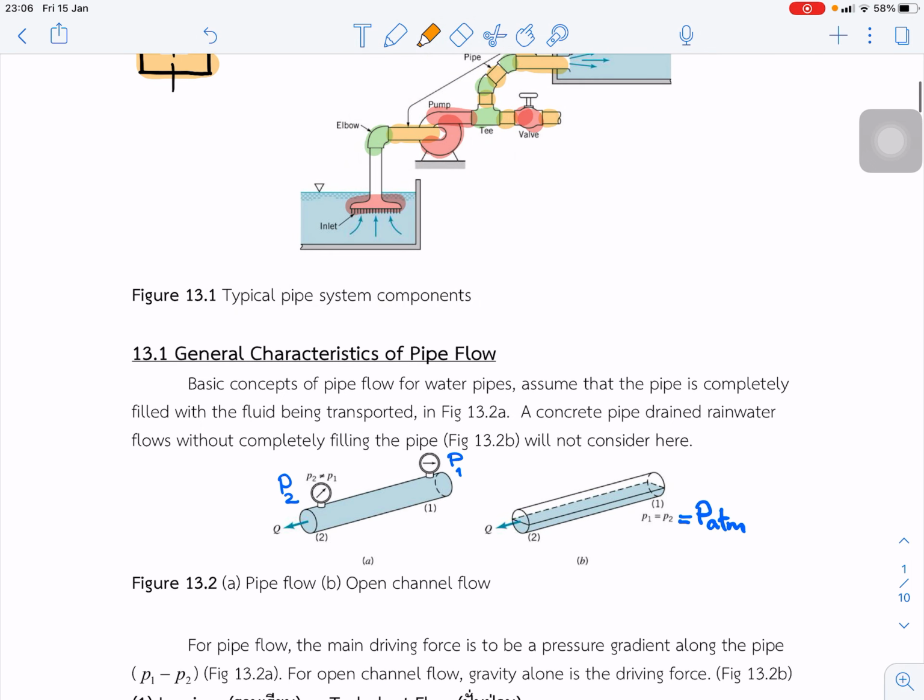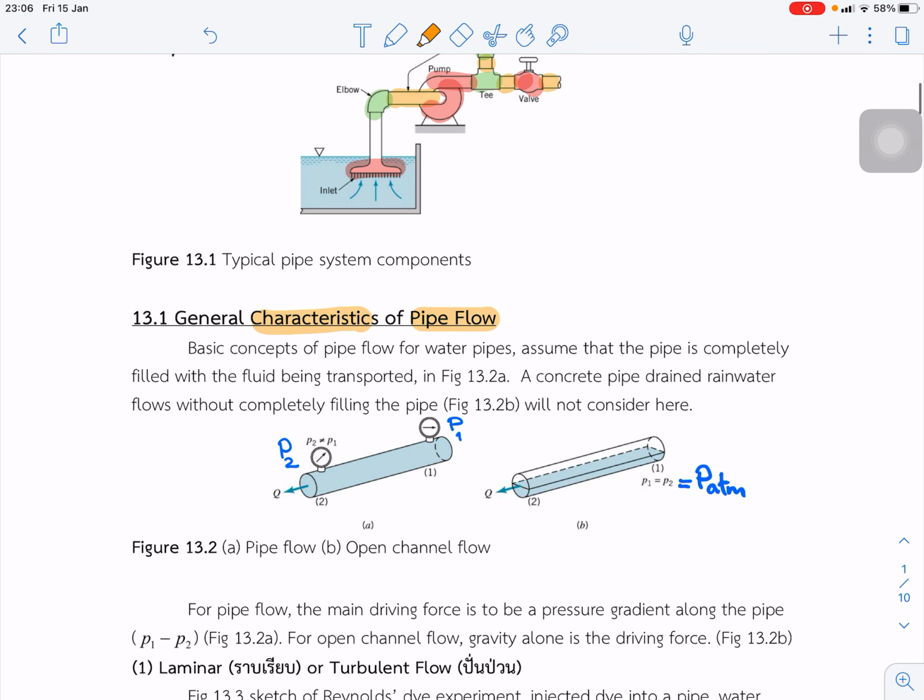General characteristics of the pipe flow. The basic concept for the pipe flow of a water pipe assumes that the pipe is completely filled with the fluid being transported. That is full of the fluid here. Another case is the concrete pipe draining rainwater, which flows without completely filling the pipe.